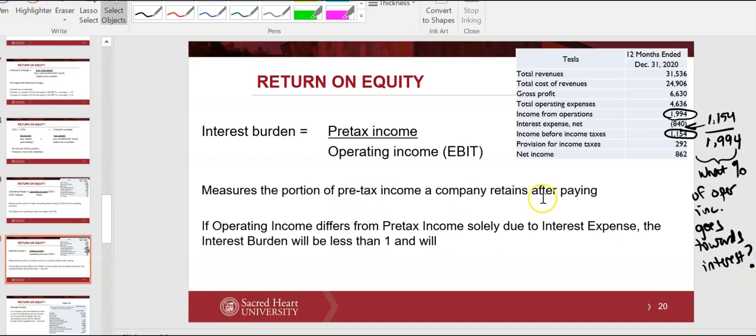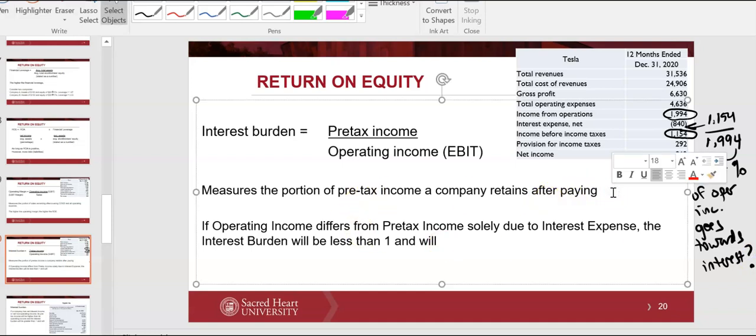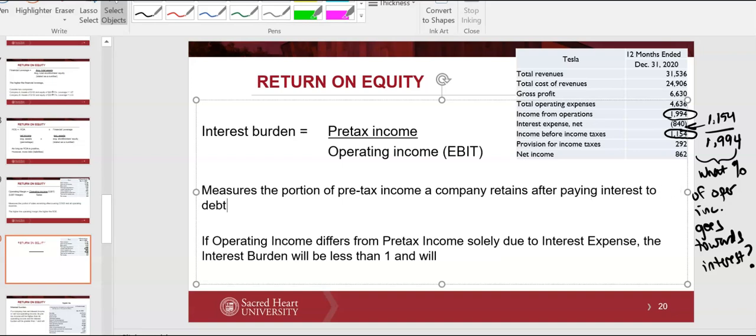So it measures the portion of pre-tax income that a company retains or keeps within the company after paying for interest. If operating income differs from pre-tax income only because of interest expense, as you can see in this simplified income statement for Tesla, then the interest burden will be less than 1, right?